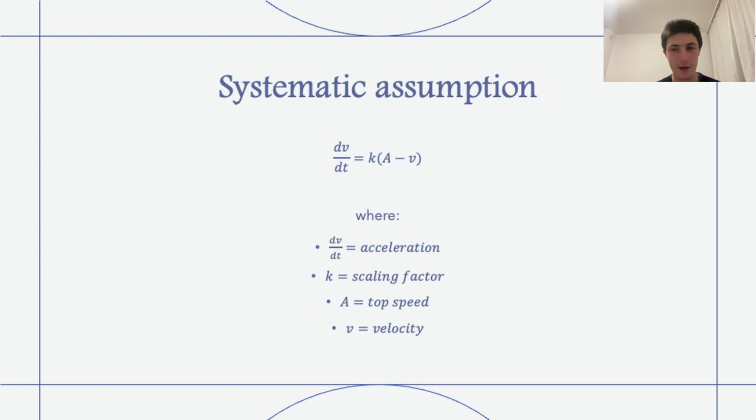dv over dt equals k times a minus v, where dv over dt is known as acceleration, k is the scaling factor. You will find out that a is top speed, but for now it's just a general constant, although it is the top speed, and v is the velocity or the speed that the car is at a given time t.